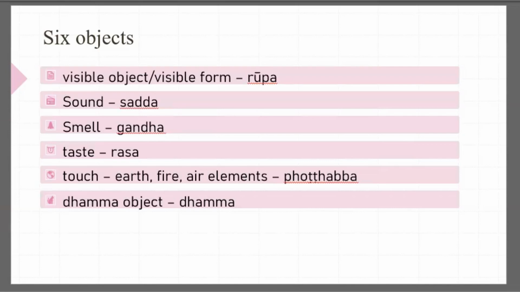Rūpa means visible object or visible form, what we see when we see colors or whatever visible forms. This is the first type. Then sound, Sadda. Next, smell, Gandha. Next, taste, Rasa. When we are eating, we feel various types of taste.